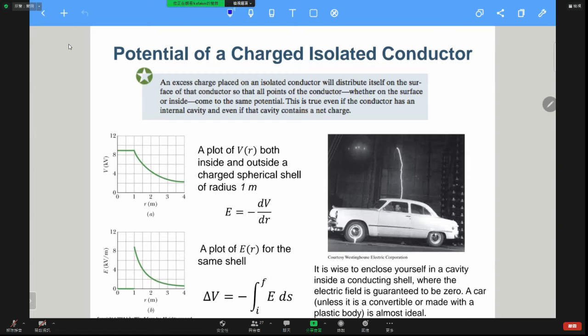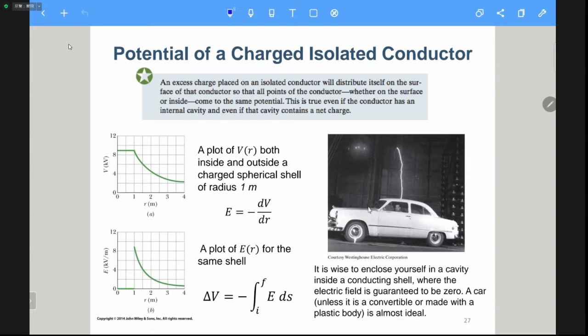You can see this graph. There is a car, and a man is inside the car, and artificially generated thunder hits this car, and the man didn't die.